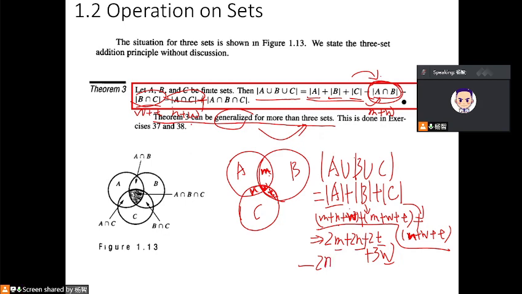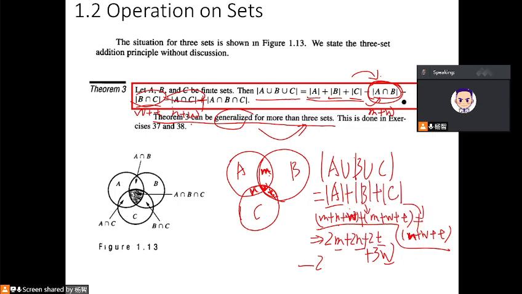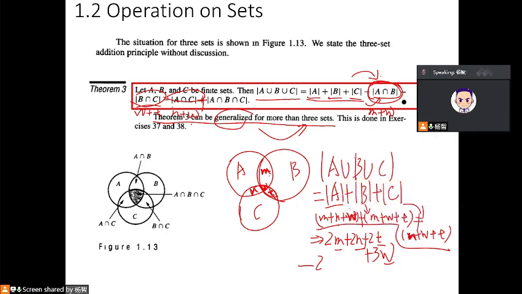So when you minus these three, you minus M W, T W, and N W. You minus 1M, minus 1N, minus 1T, but minus 3W because W is in this, W is in this, W is in this.